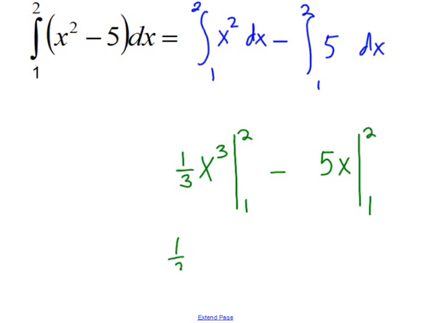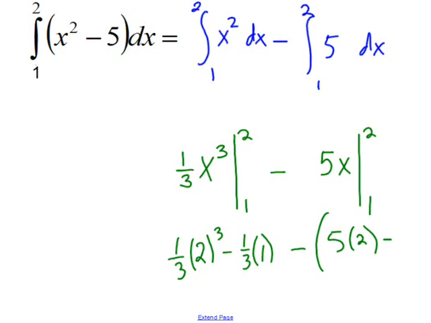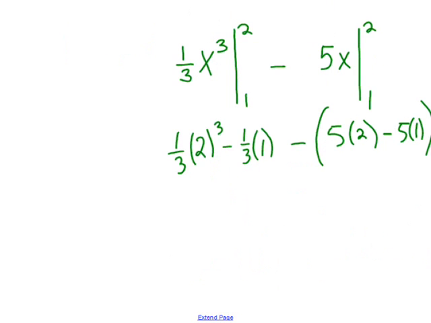So I have 1/3 times 2 cubed minus 1/3 times 1 minus, and I'd probably use parentheses here so that I don't forget to distribute my negative. So I have 5 times 2 minus 5 times 1. And so I have 8/3 minus 1/3 minus 10 plus 5.